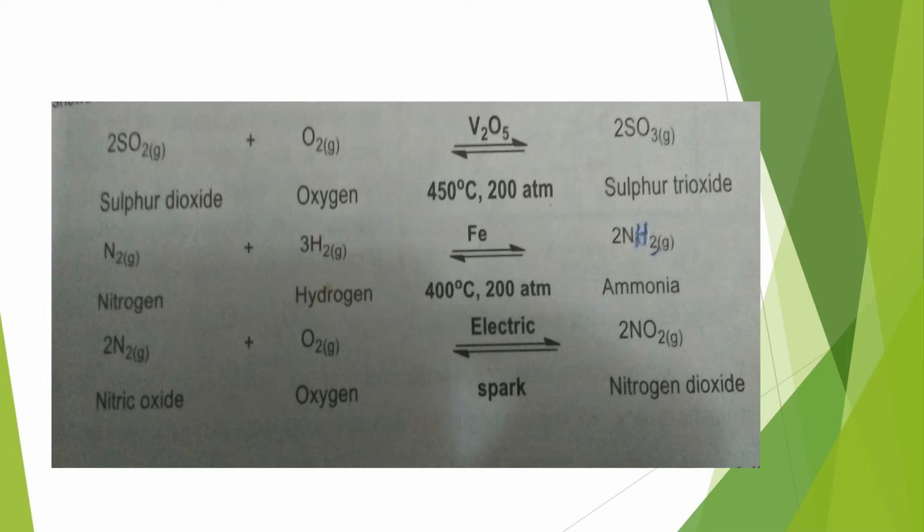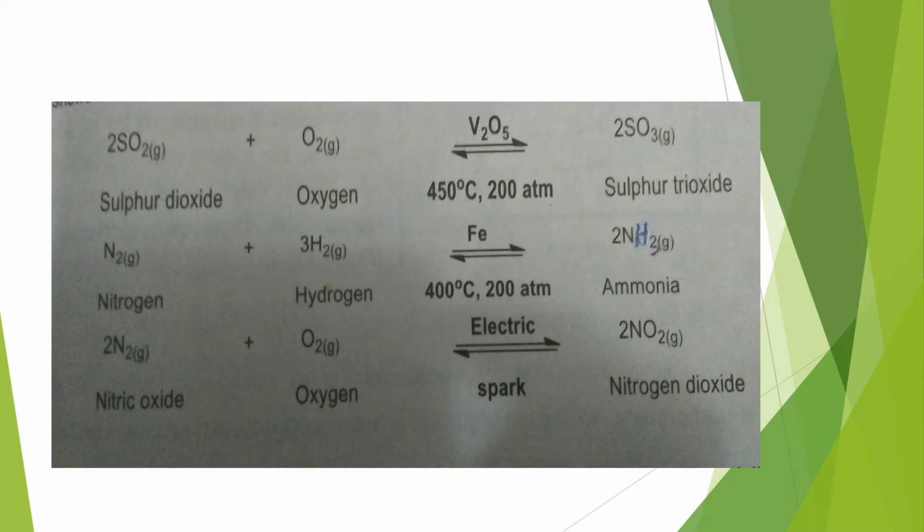The second example is the combination of nitrogen and hydrogen to form ammonia gas. Again it is a reversible reaction. Our reactants, nitrogen and hydrogen, combine together producing ammonia, and this ammonia again decomposes into its reactants.